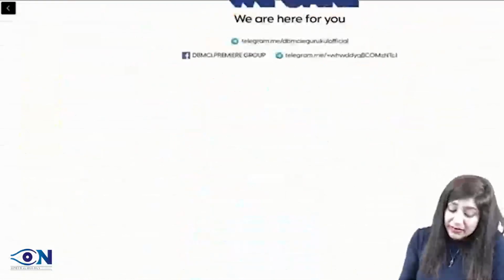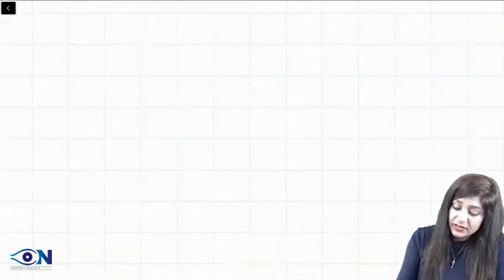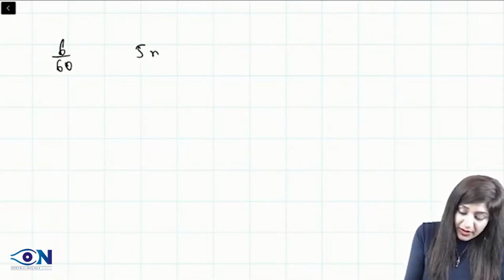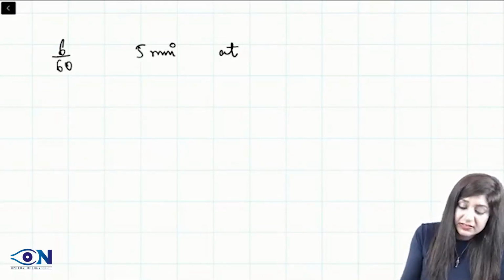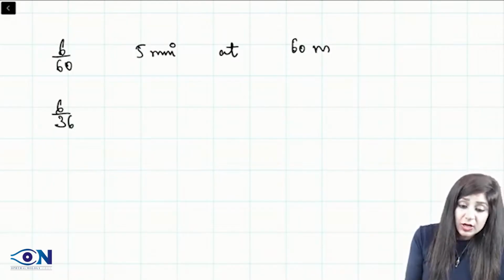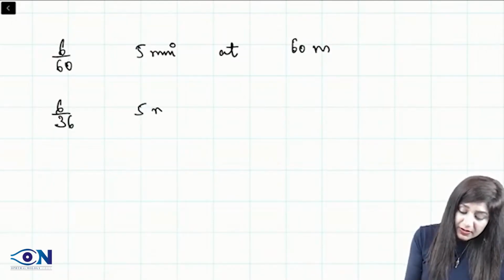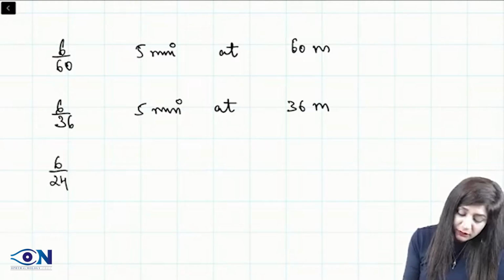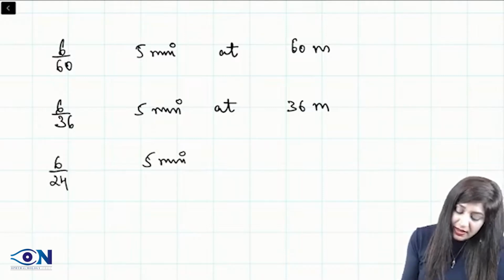Now respective distances means if I talk about 6 by 60, this will make 5 minutes at the 60 meters. Similarly, when I talk about 6 by 36, respectively this will make 5 minutes at 36 meters. 6 by 24 means it will make 5 minutes at the 24 meters.